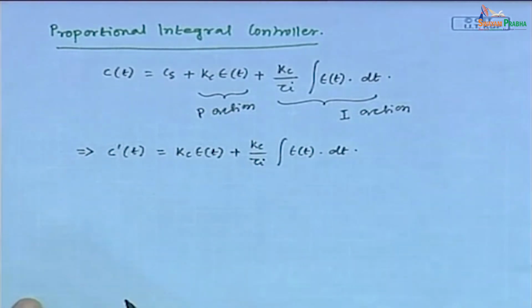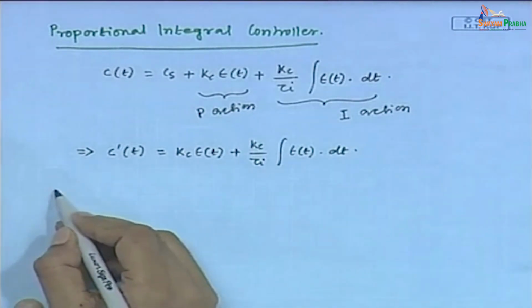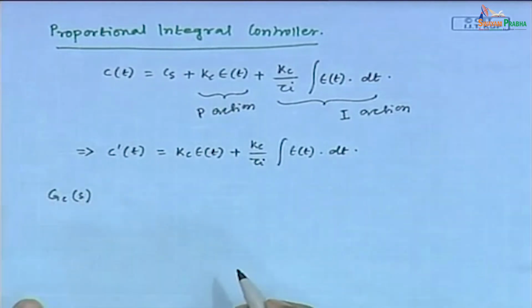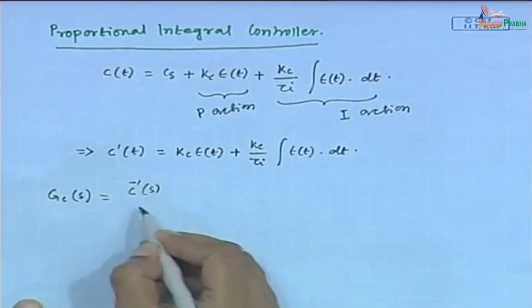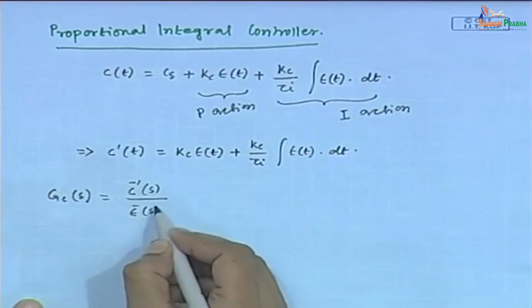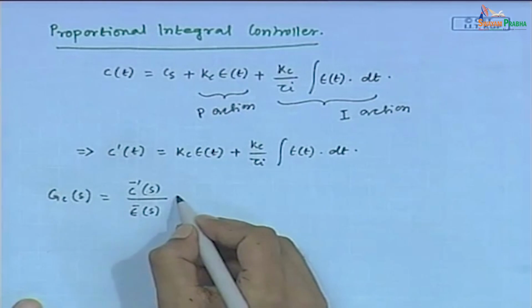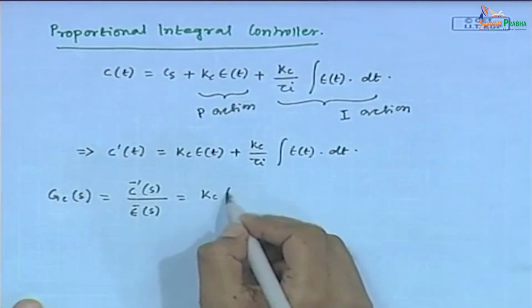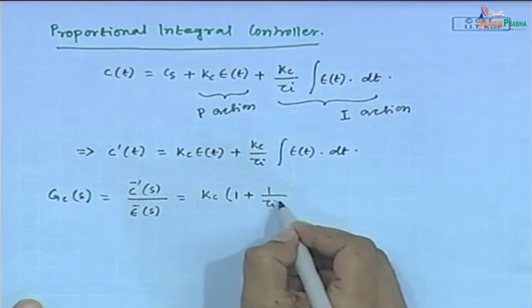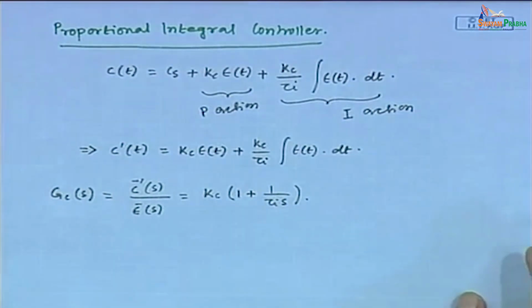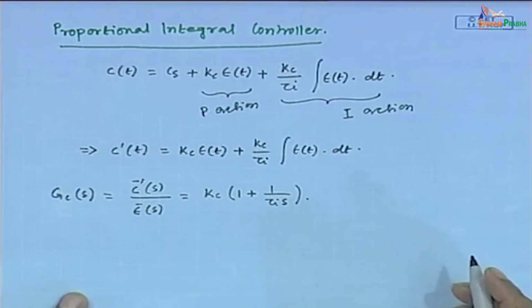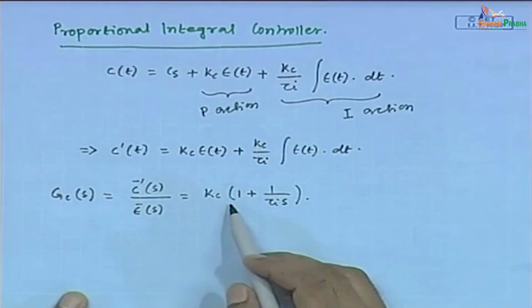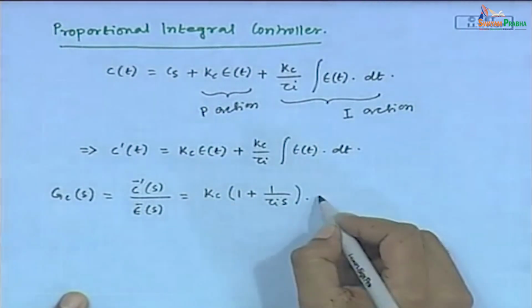By taking Laplace transform and rearranging, we obtain the transfer function as Gc(s) equals C bar prime(s) divided by epsilon bar(s) equals Kc multiplied by 1 plus 1 divided by tau I s.